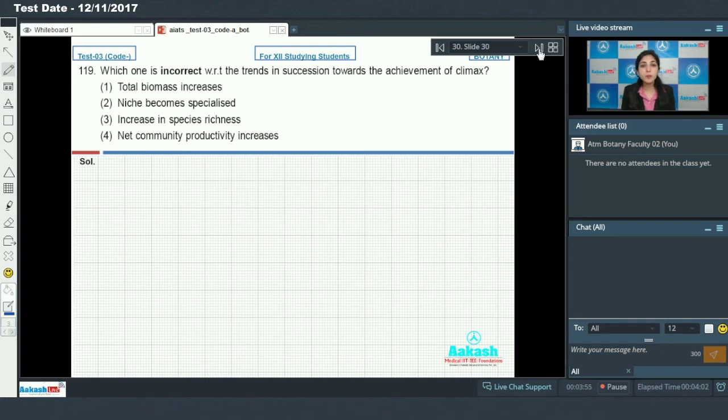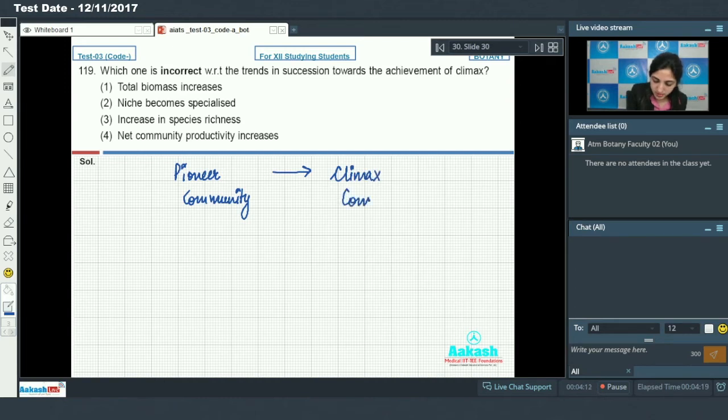During succession, when pioneer community heads towards the climax community, in that case, total biomass increases. This is true. Niche becomes specialized. This is true. Increase in species richness. This is also true. And net community productivity increases.